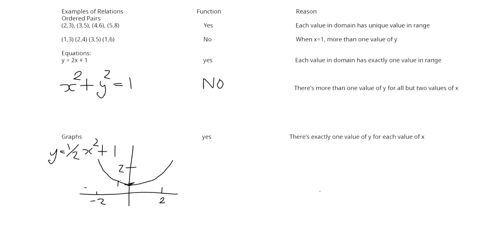Whenever the value of y is duplicated, whether it's a negative or a positive, then that would change the value. So you can have more than one value for y, and that's the reason why it's not a function.